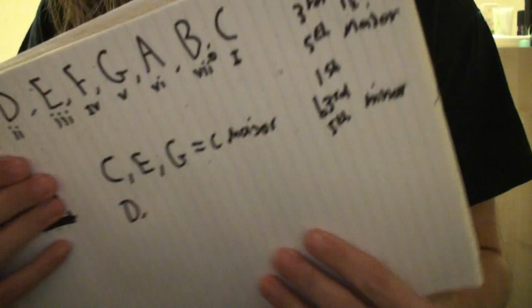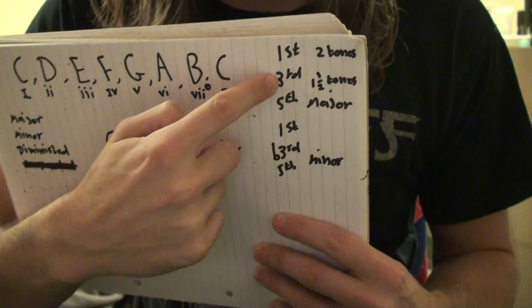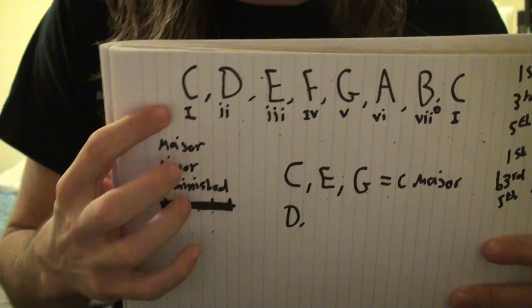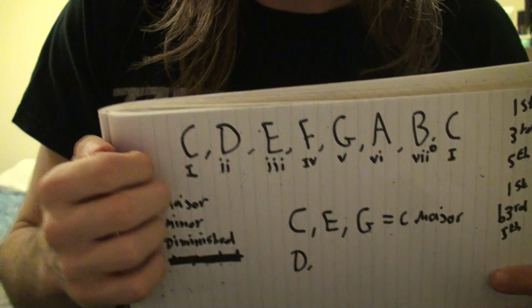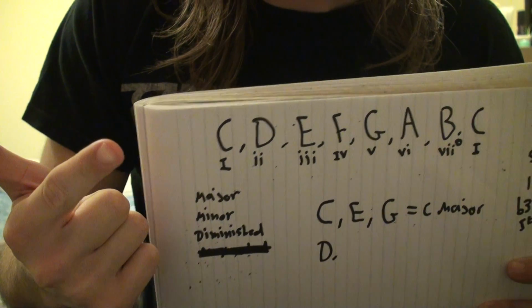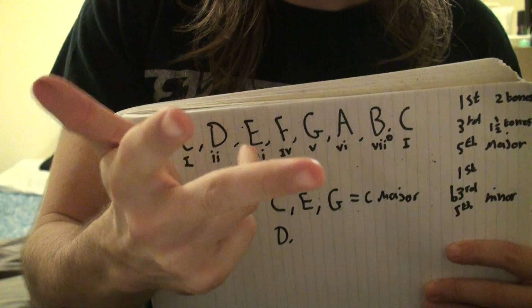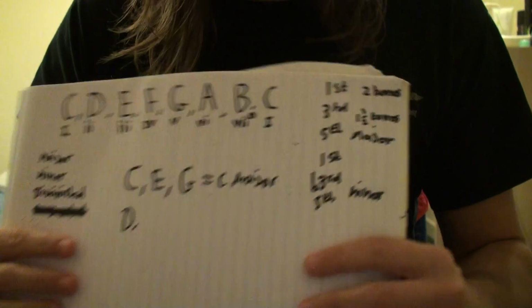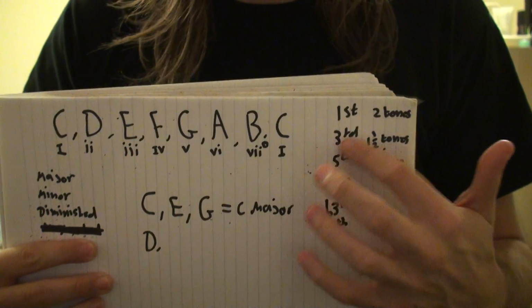So you have two tones between the first and the third, so that is a total of 4 notes. Because if we go from C to E, you go C, C sharp, D, and then from D to E, D, D sharp. So that's 4 notes.